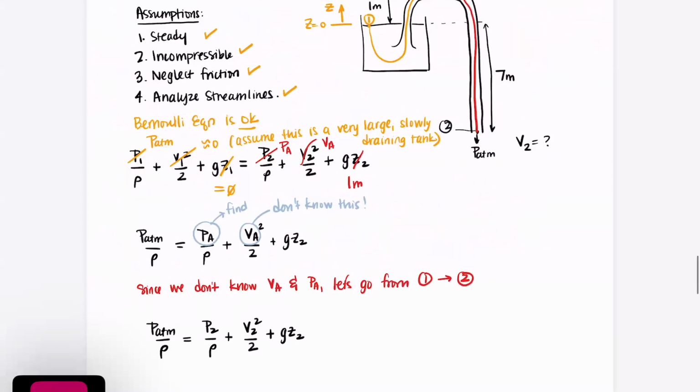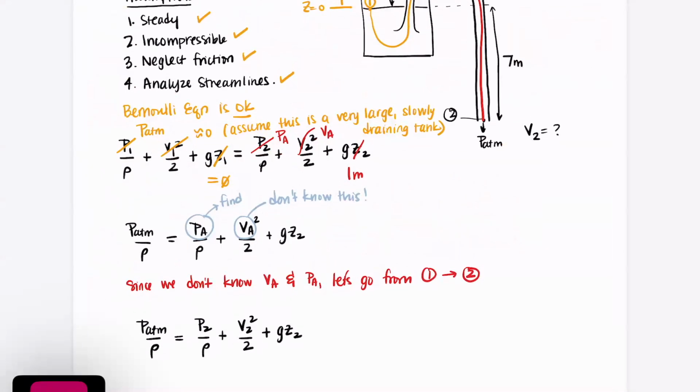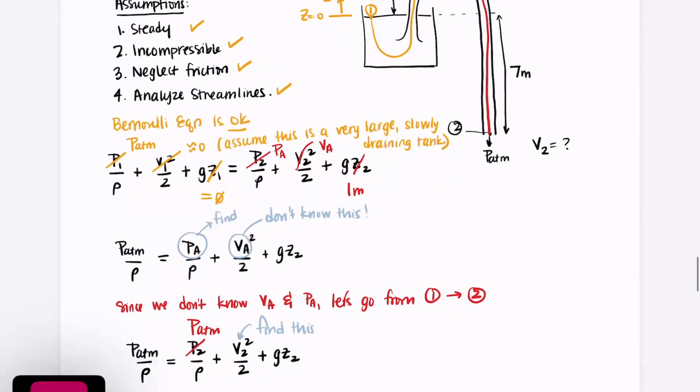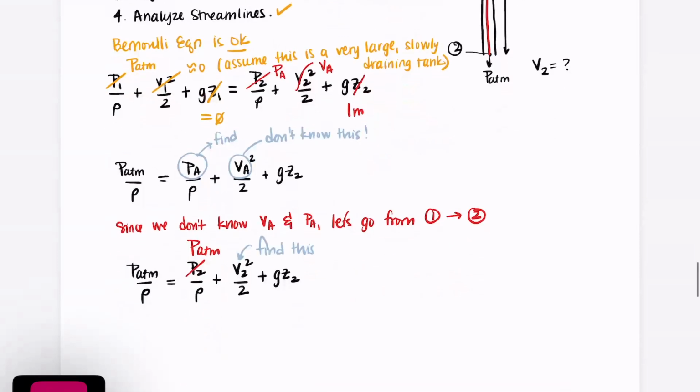Let's talk about the right-hand side. P2 is discharging to atmosphere, so we have P atmosphere. We want to find V2. What about Z2? 7. Positive or negative? Yes, so Z2 is negative 7 meters.